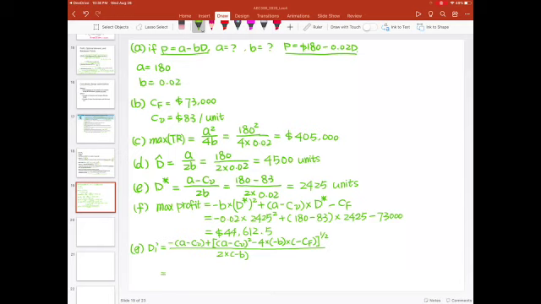Okay, now if we replace these letters by the values, it's gonna be minus 180 minus 83 plus 180 minus 83 square minus 4 times minus 0.02 times minus 73,000 to the power of 1/2 divided by 2 times minus 0.02.